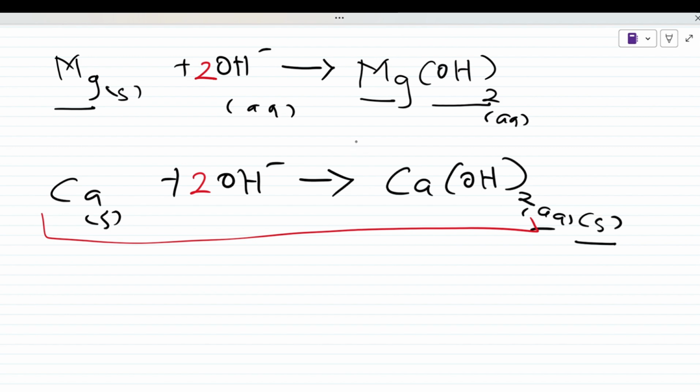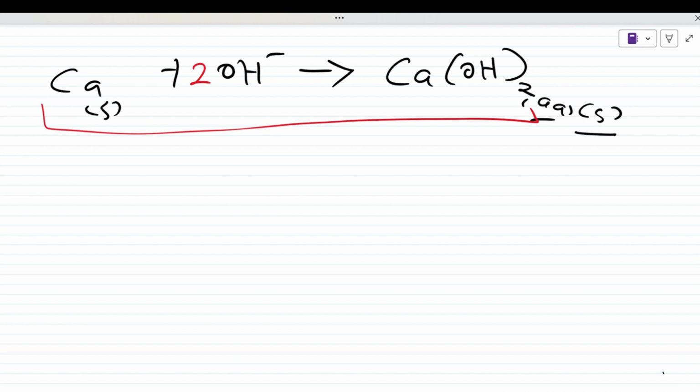With group 3, the example I'm going to use here is aluminium, which sometimes can be asked. So I can have any of group 3, can have aluminium solid reacting with hydroxide. Then what product am I going to form?